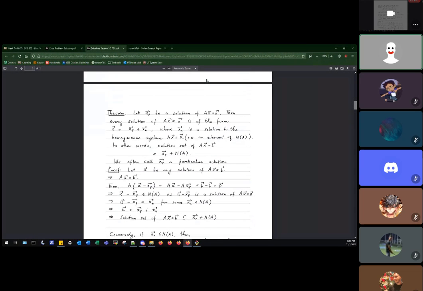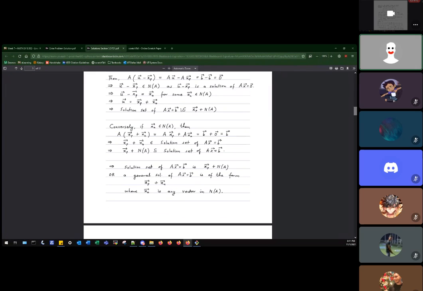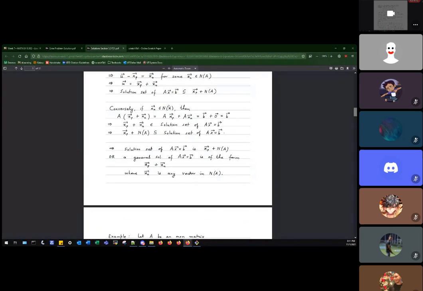If you have the vector xp such that it is a solution of any system Ax equals b, then every solution of Ax equals b is in the form x equals xp plus xn, where xn is any member of the null space of the matrix. There's a proof for it. And the converse of that also applies.